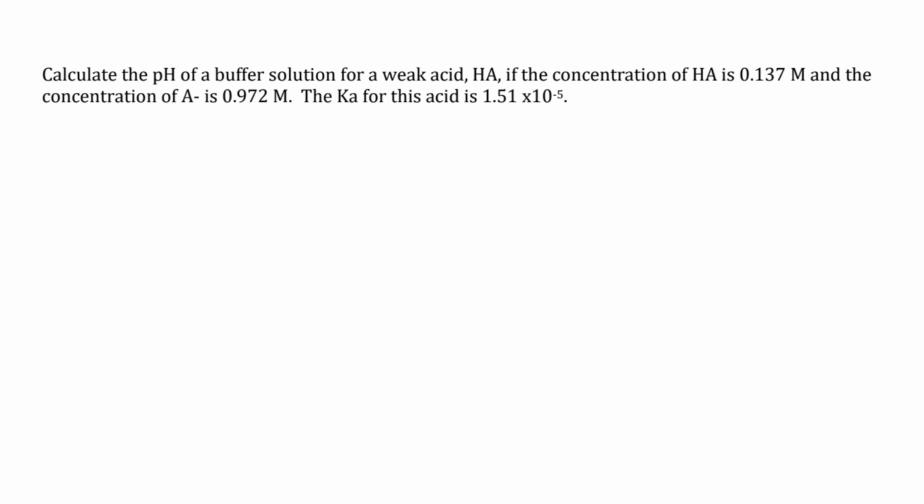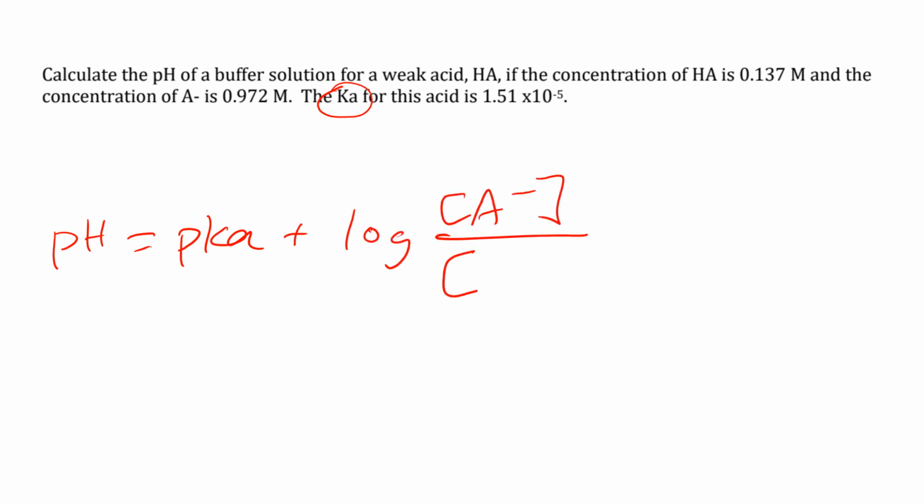So the fact that they gave us the Ka, and remember this is the equation, pH equals pKa plus the log of the conjugate base over the acid. That means I have to figure out what the pKa is first since they gave me the Ka.